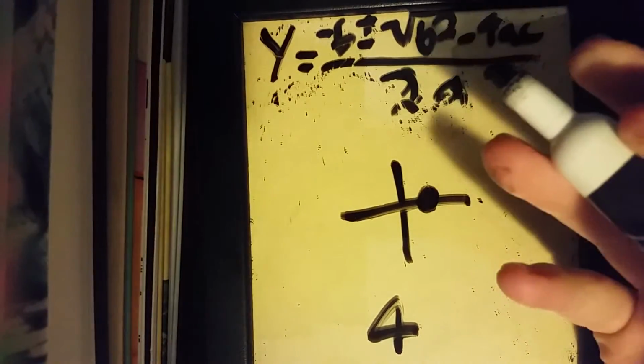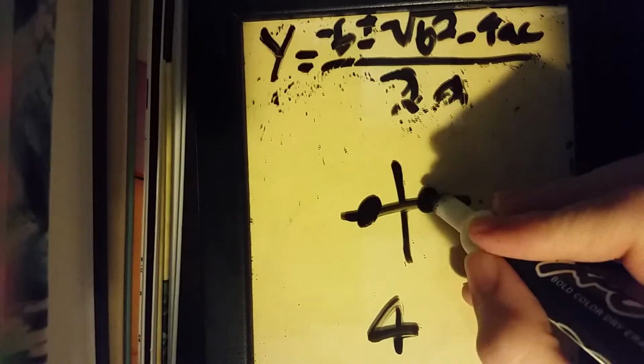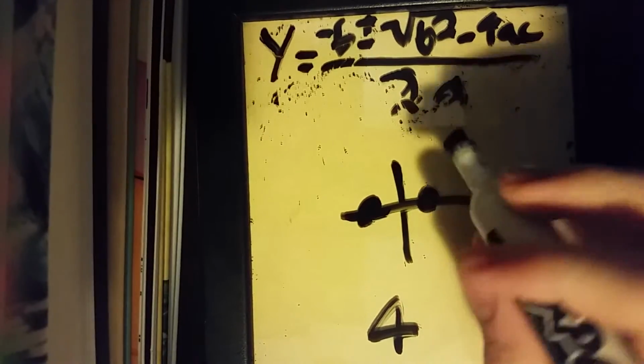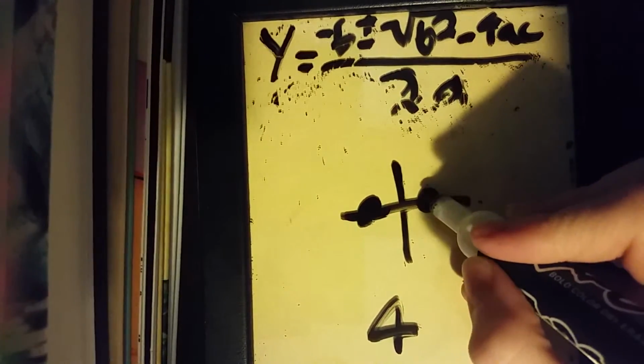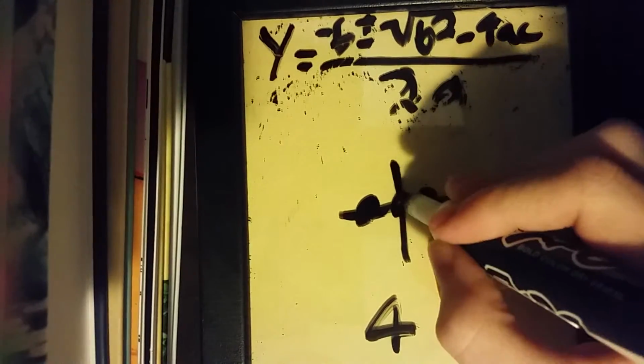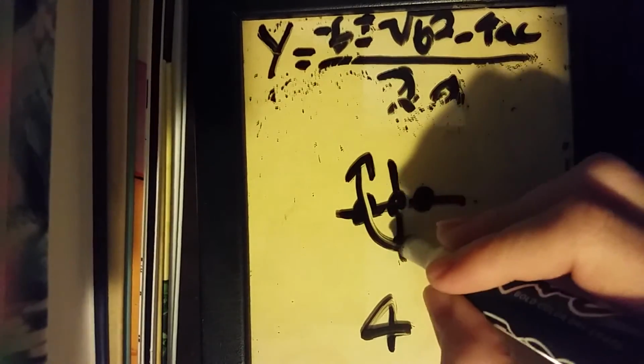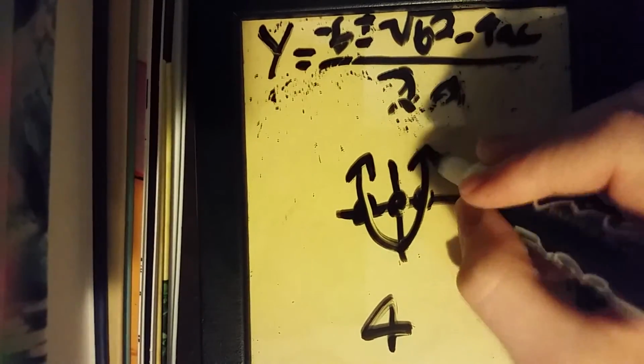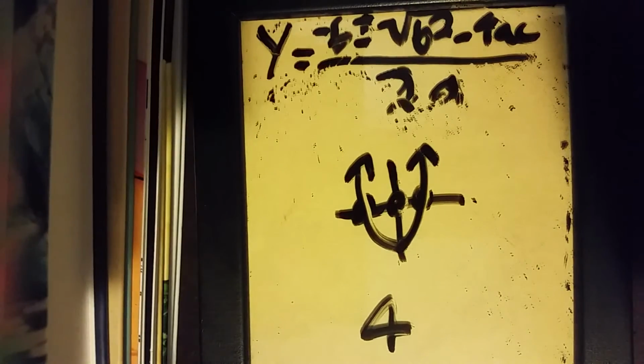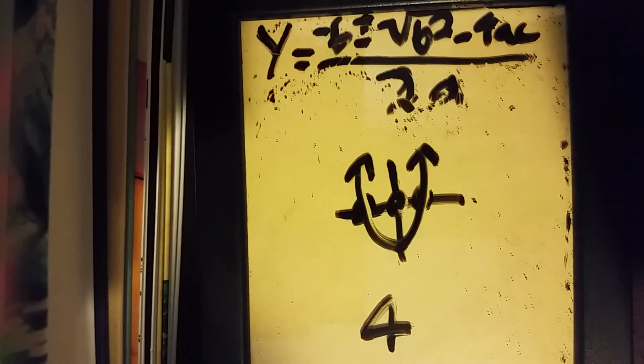Let's say the other answer was also, well, negative 4. Then we would have to find the vertex, and that would be the middle number. Since it's 4 and negative 4, it would be 0. The vertex would start a little here and go up like that. So that is how you use the quadratic formula.